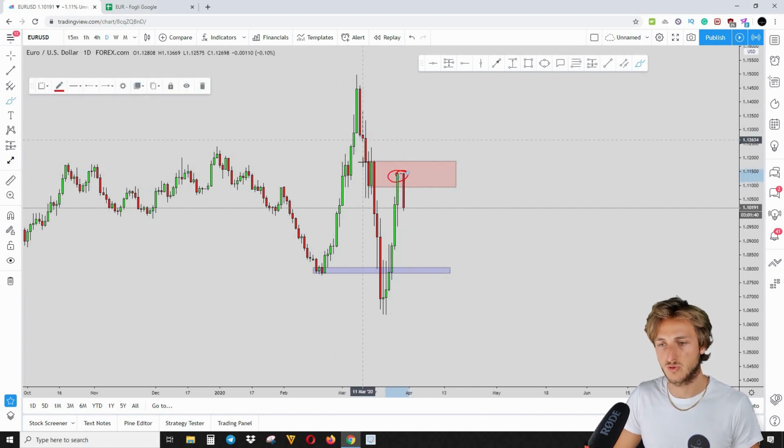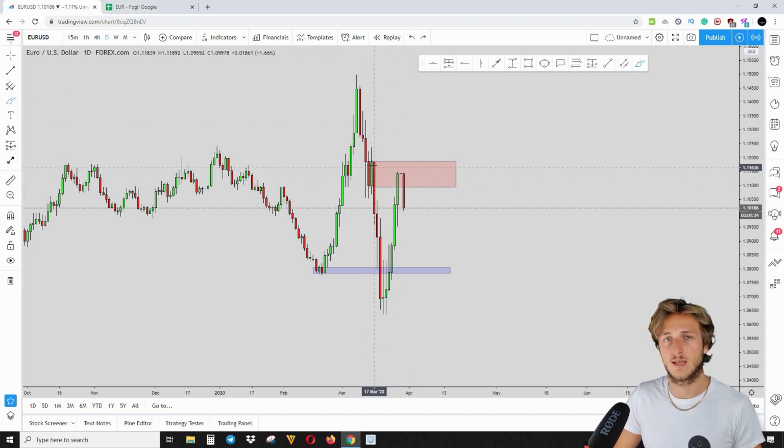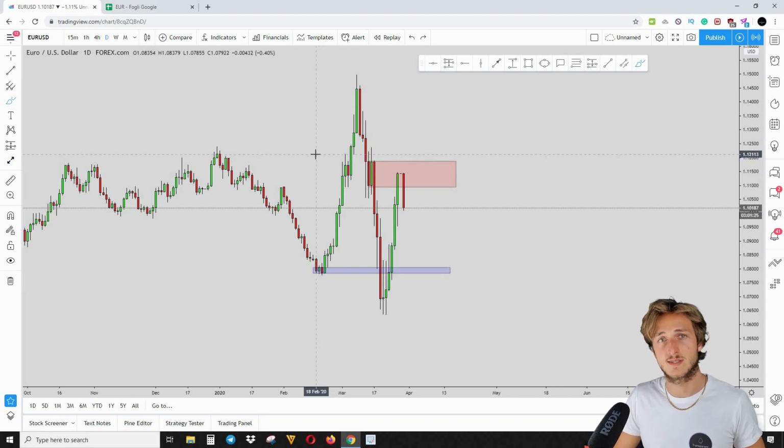Why? Because in this push to the downside, the market had basically reacted so much to the level that it actually created a green candle, and that previous support, since the market is now coming from below, is turned resistance. A very simple and basic previous support turned resistance concept that in the market happens over and over again.